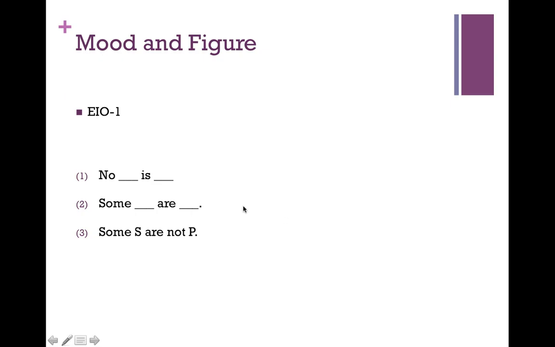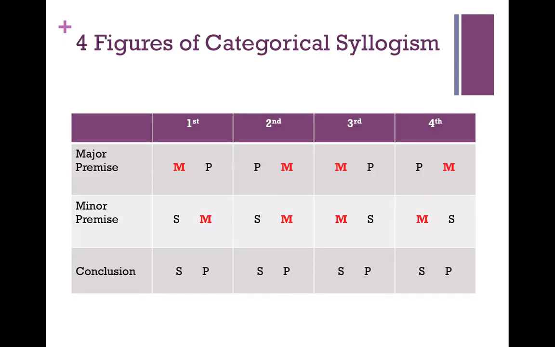All right. Then we have to figure out where the middle term is located in the argument, and we do that by looking at figure 1. You probably don't remember, but notice the middle term occurs in the subject term in the first premise, and then in the predicate term in the second premise.